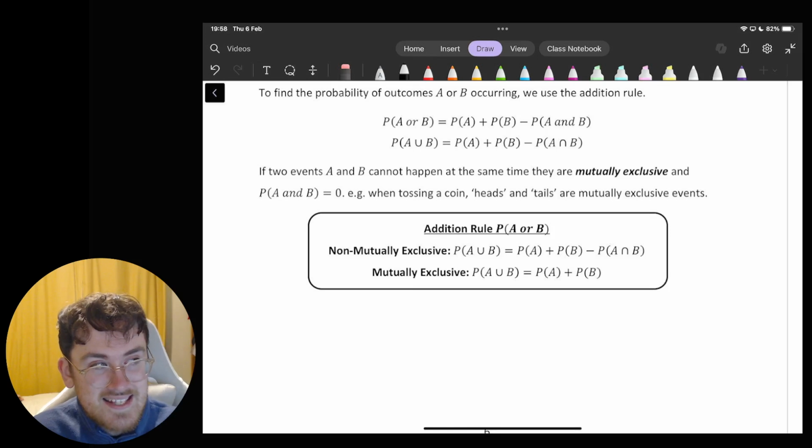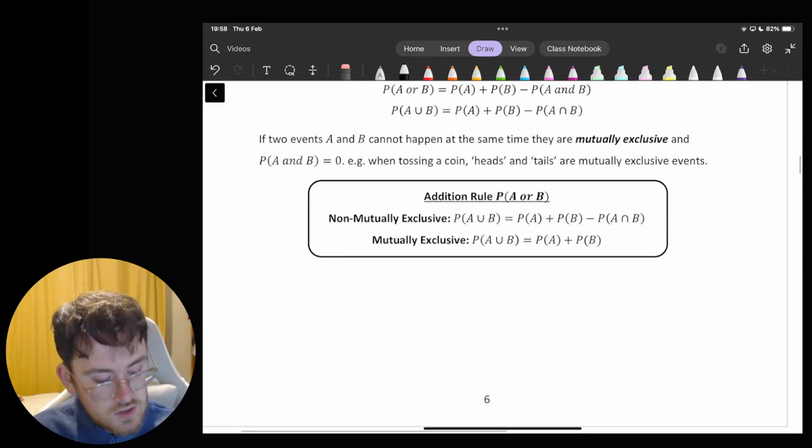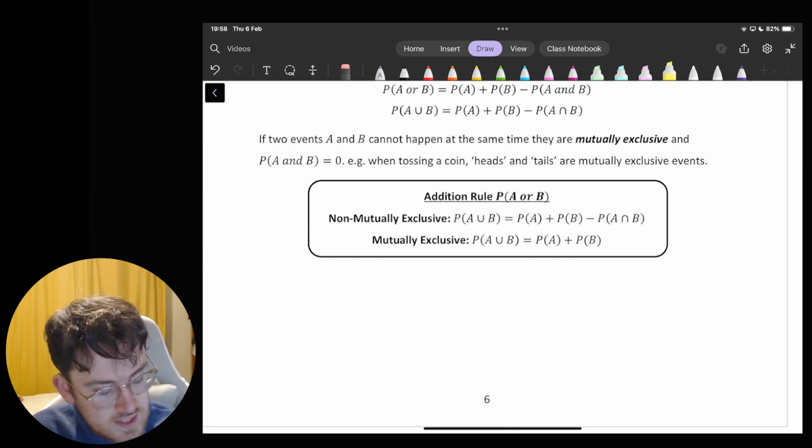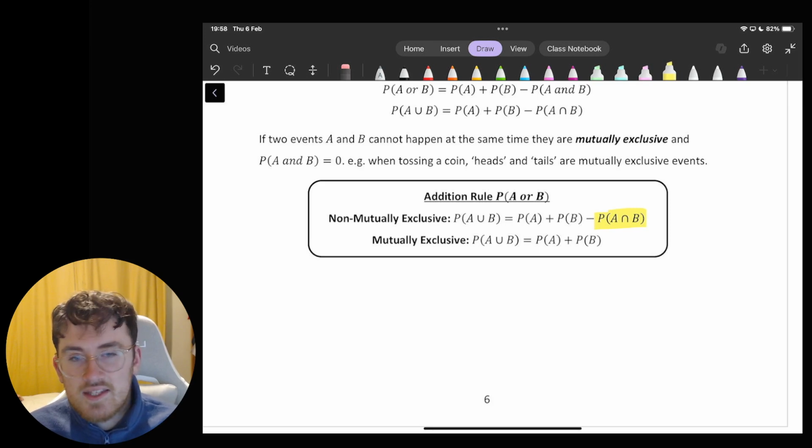You can't get heads and tails. So if we have mutually exclusive events, the probability of A and B will just be 0 because they can't happen together. That changes our addition rule so that the probability of getting A or B is just the sum of A and B.